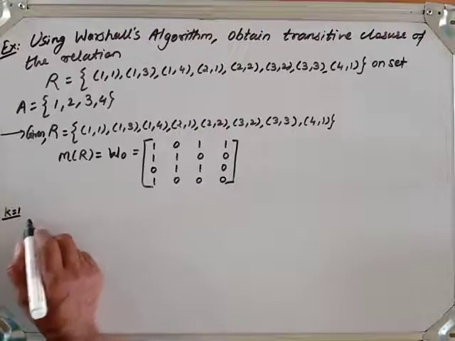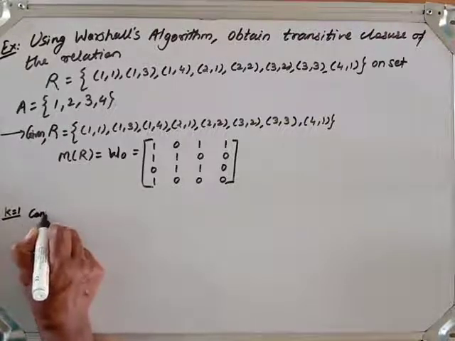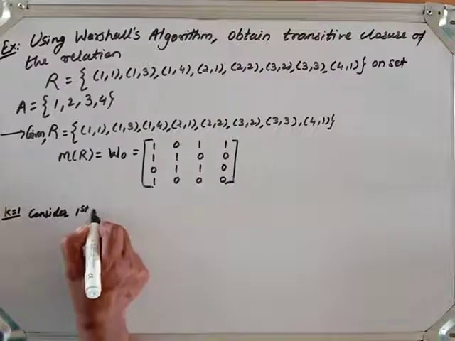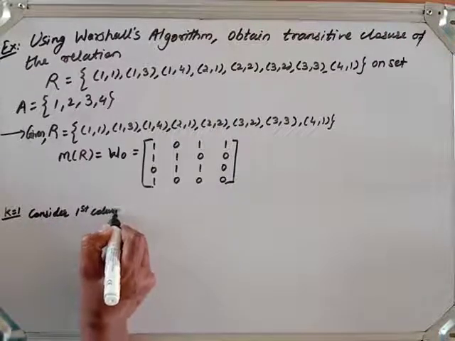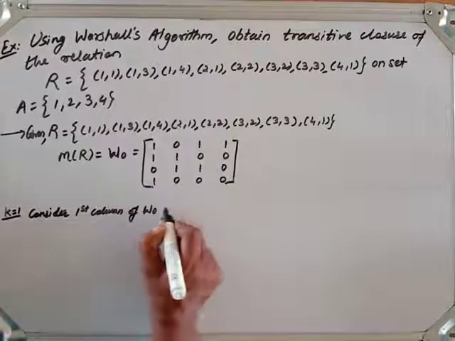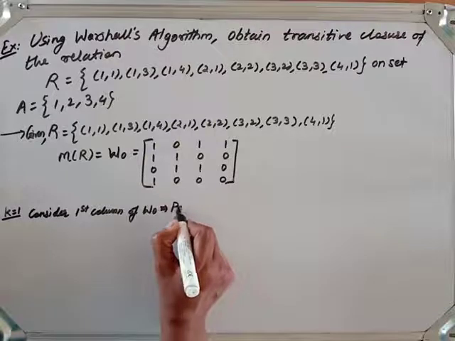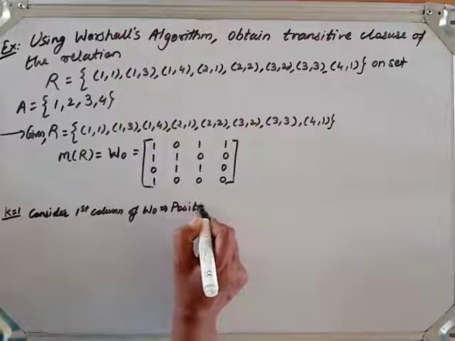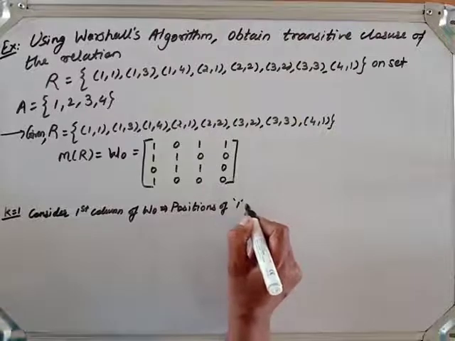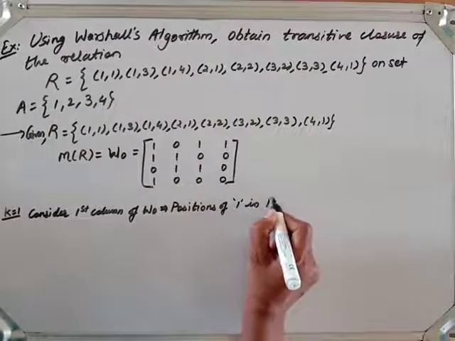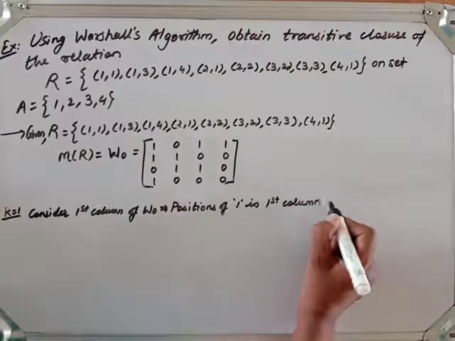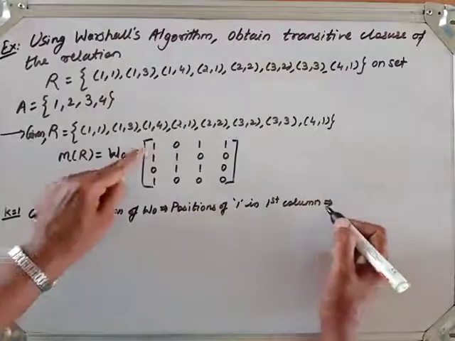Now we have to take k is equal to 1. Consider first column of W0. From that get the positions of 1 in first column. What are the positions of 1 in first column?